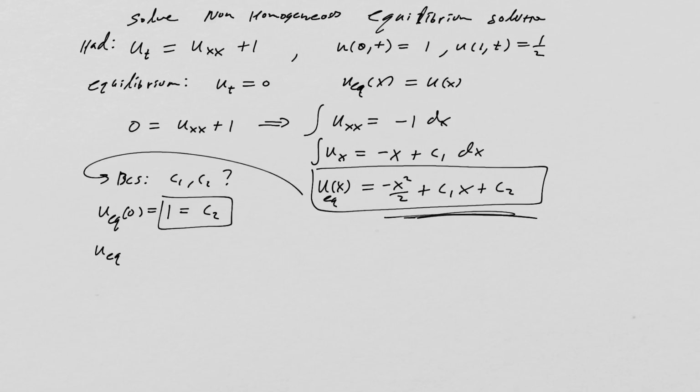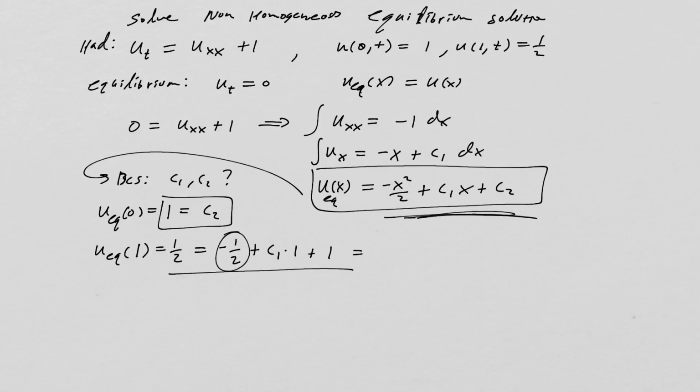And then u_eq at 1 is going to be equal to 1/2, which is equal to negative 1/2 plus c1 times 1 plus 1. Okay, we can solve this one. And this is our equation we have to solve.